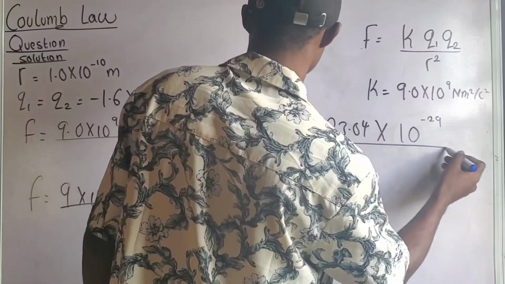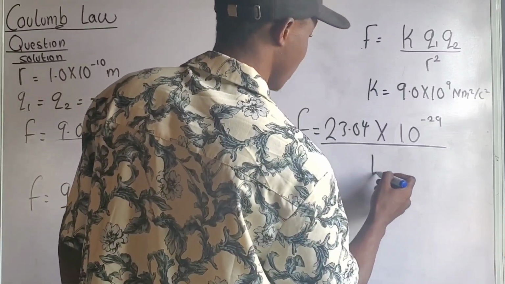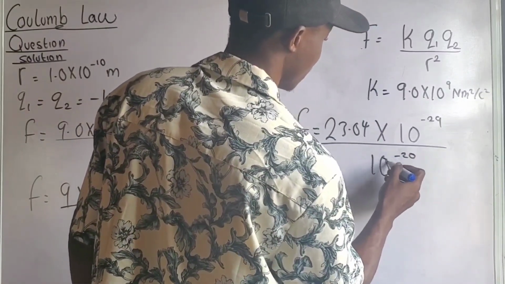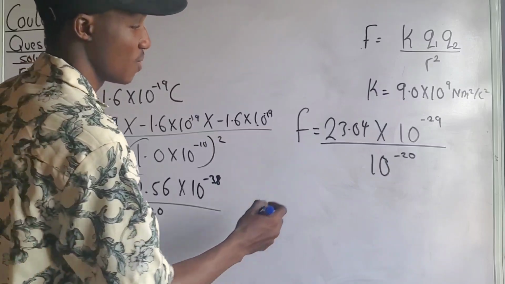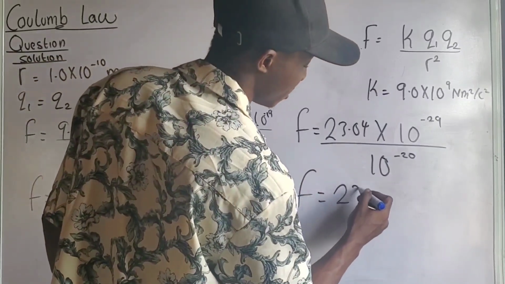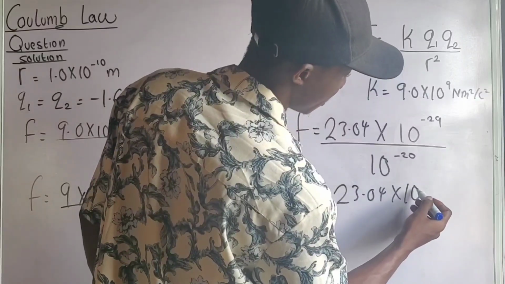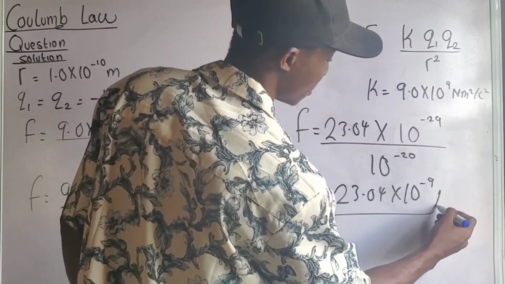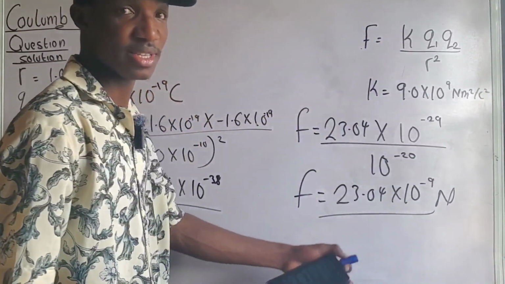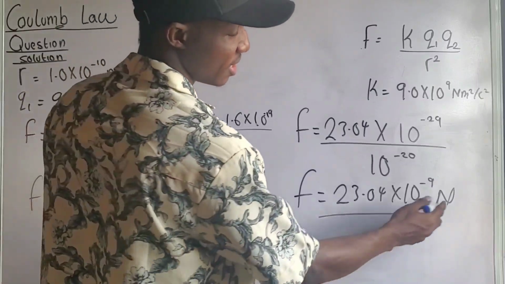Okay, so this all over 10 raised to the power of negative 20. Do you understand? So the force equals 23.04 times 10 raised to the power of negative 9. So you put Newton. Okay, don't forget the units.